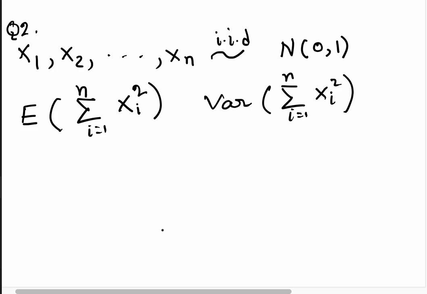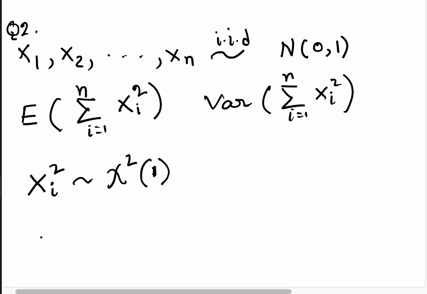And as we know, the square of a standard normal variable is a chi-square distribution with parameter 1.